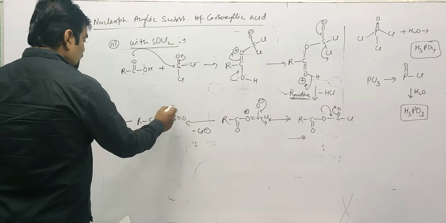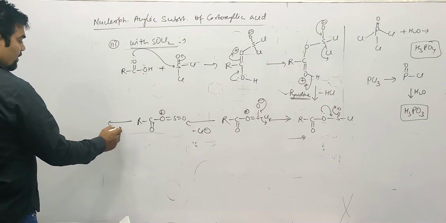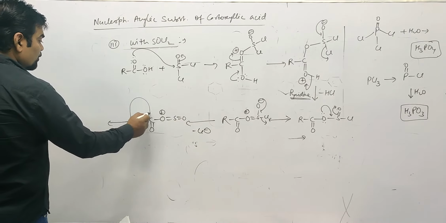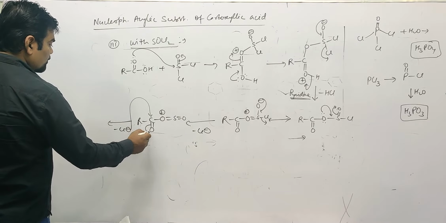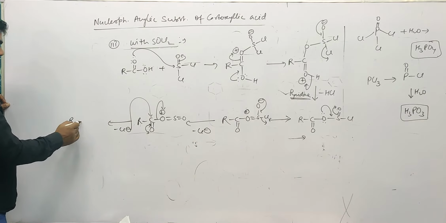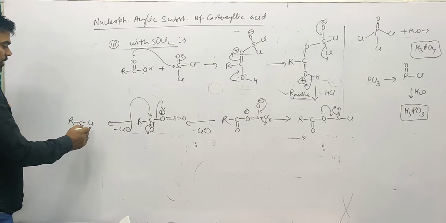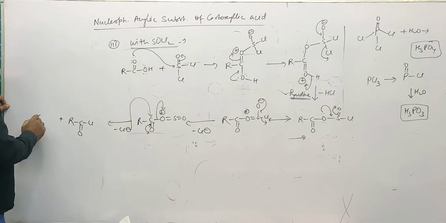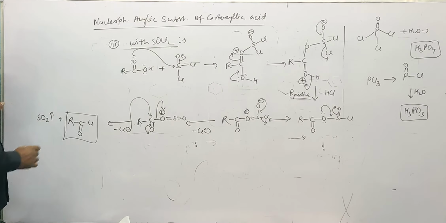There is sulfur dioxide formation, which is a driving force. Now the Cl minus approaches this carbonyl carbon. This bond is transferred back. This bond will go out. This will become RC double bond O Cl plus sulfur dioxide is eliminated. So again it forms the corresponding acyl chloride.